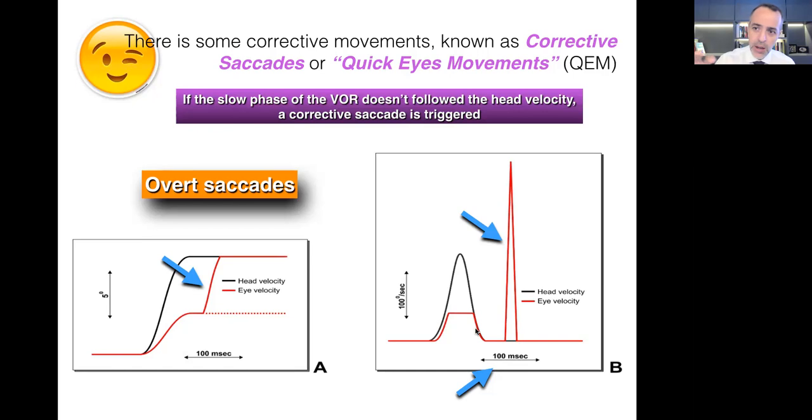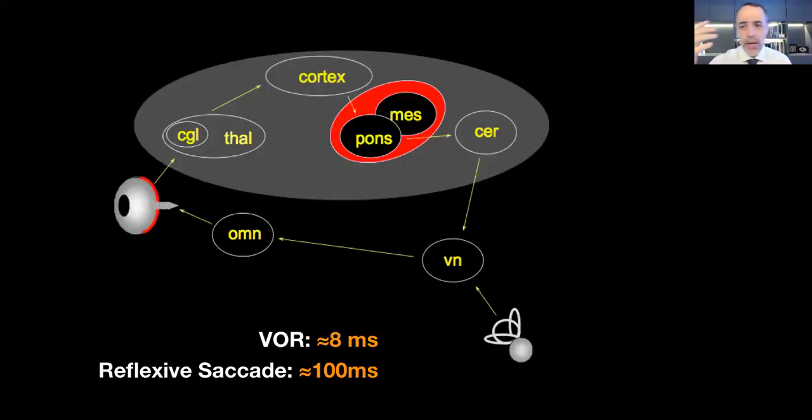And the latency for overt saccades is about 100 milliseconds after the head movement stops, right? And why does it take about 100 milliseconds? Because if you go to physiology, you have to remember that the latency of the VOR is about 8 milliseconds, because the VOR is a very fast stimulus that comes from the labyrinth to the vestibular nuclei, to the ocular motor nuclei, and to the muscles and to the eyes.